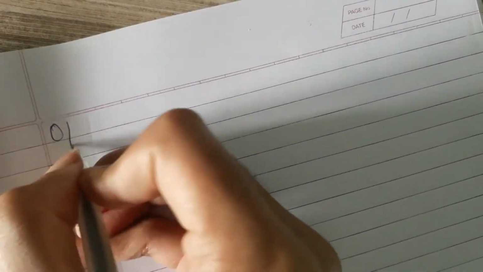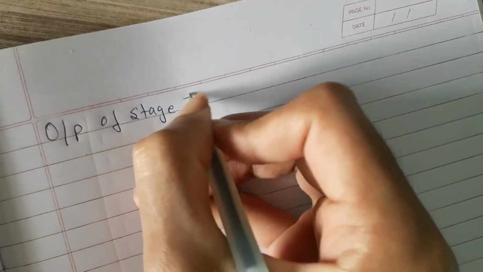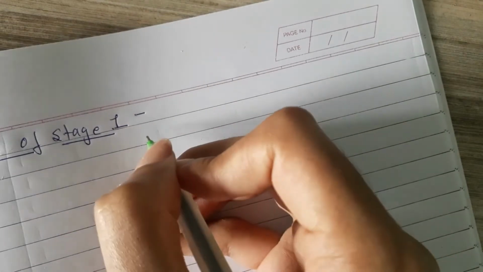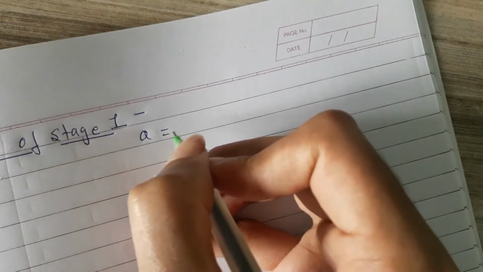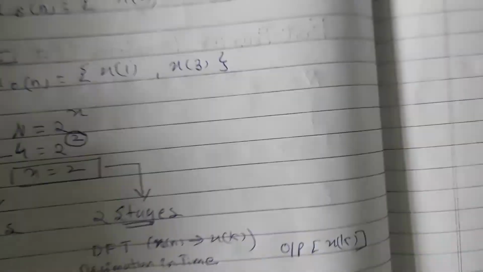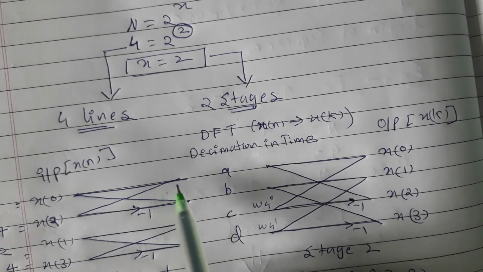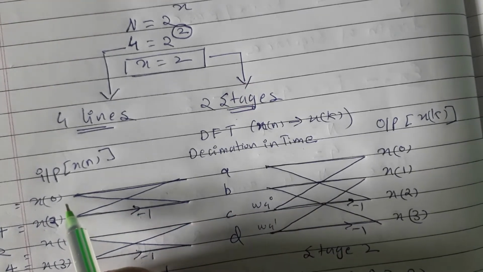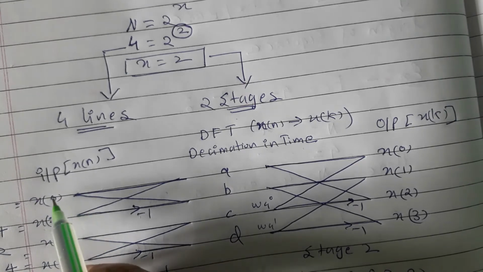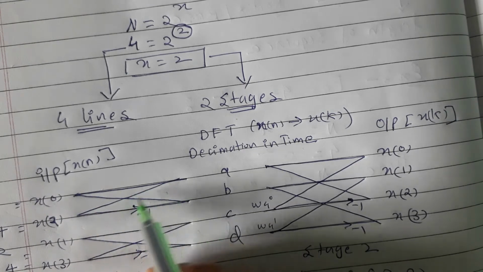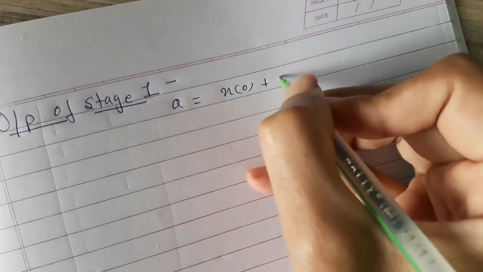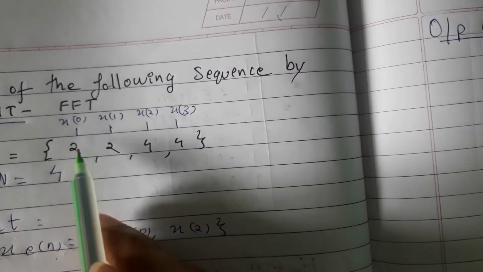So here output of stage 1 we have to calculate, that is the values of A, B, C, D. So therefore A: at A 2 points are meeting, that is x0 and x2, like this, x0 plus x2. In the question we have x0 and x2, that is 2 plus 4.